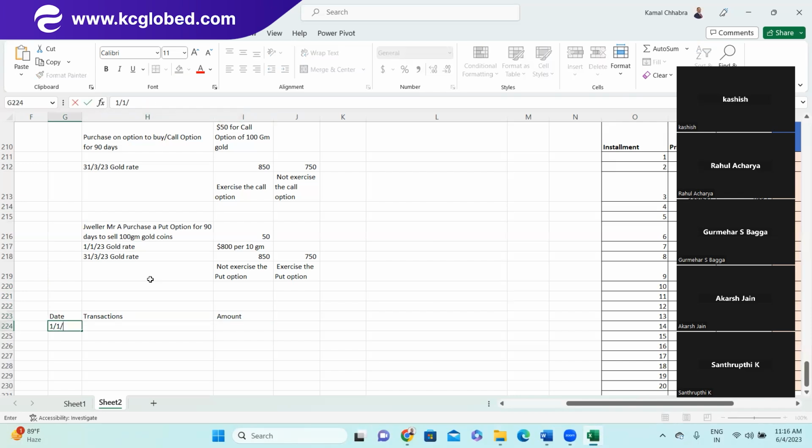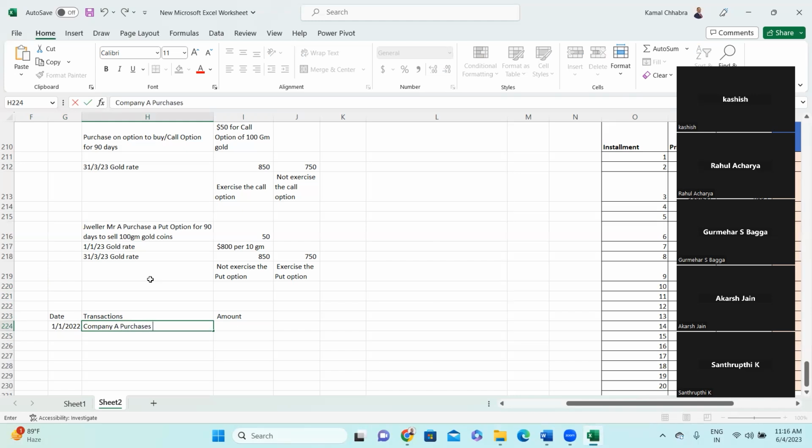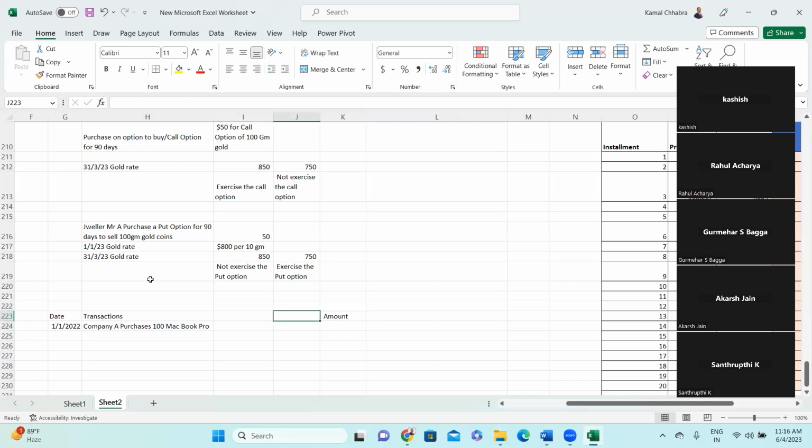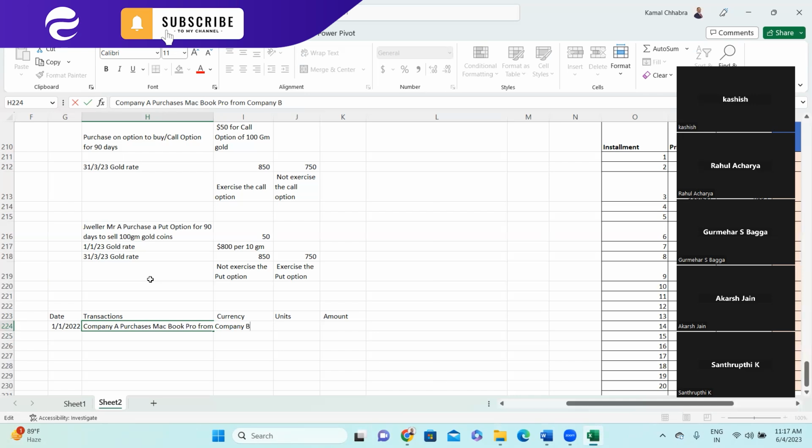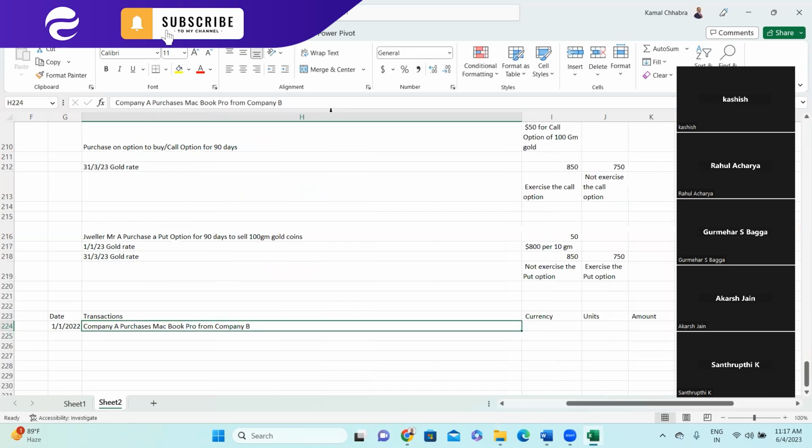Let's assume on 1st January 21, Company A purchased 100 MacBook Pro laptops on Company B. Let's assume this is the transaction.